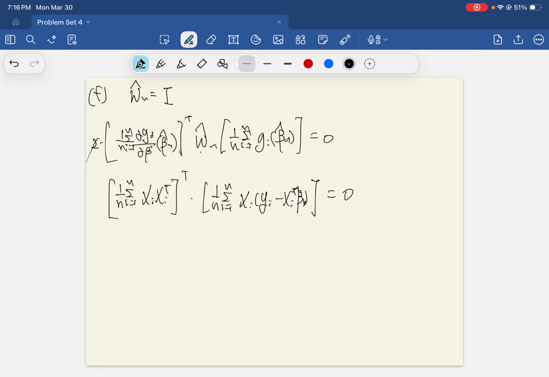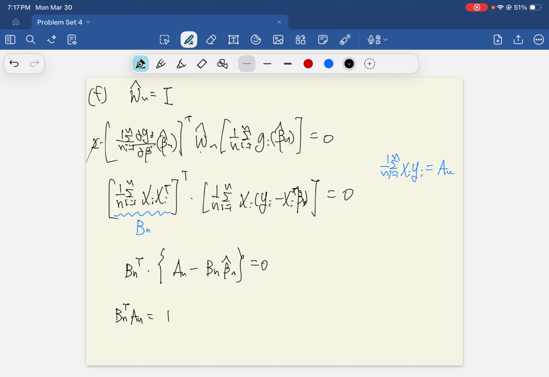It is 0, right? Let's denote the average of x_i times y_i as a_n, and I will denote the average of x_i x_i transpose as b_n. Then what you get here is b_n transpose times (a_n minus b_n beta hat n) is 0, which implies b_n transpose a_n equals b_n transpose b_n beta hat n.